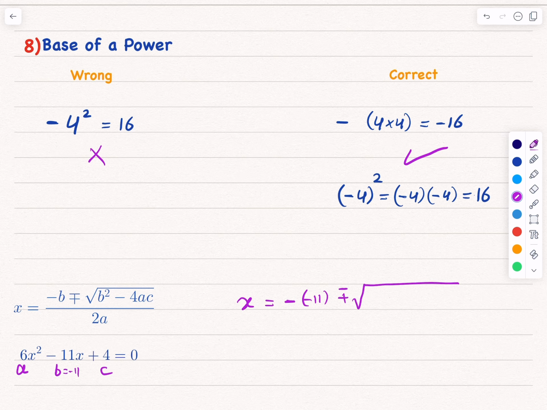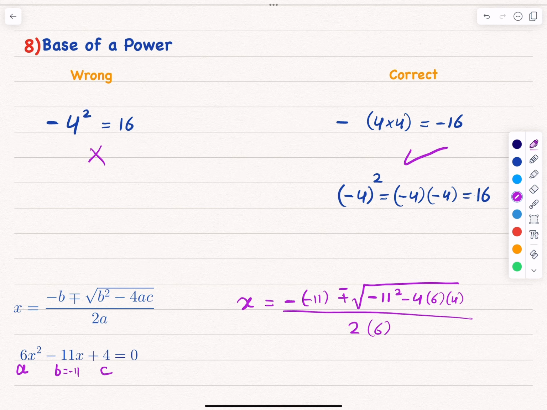Now here, when it comes to b squared, they would say negative 11 squared. Then minus 4 times a times c, all divided by 2 times a. And then, surprisingly, the calculator tells them that there is an error, or you cannot do this.